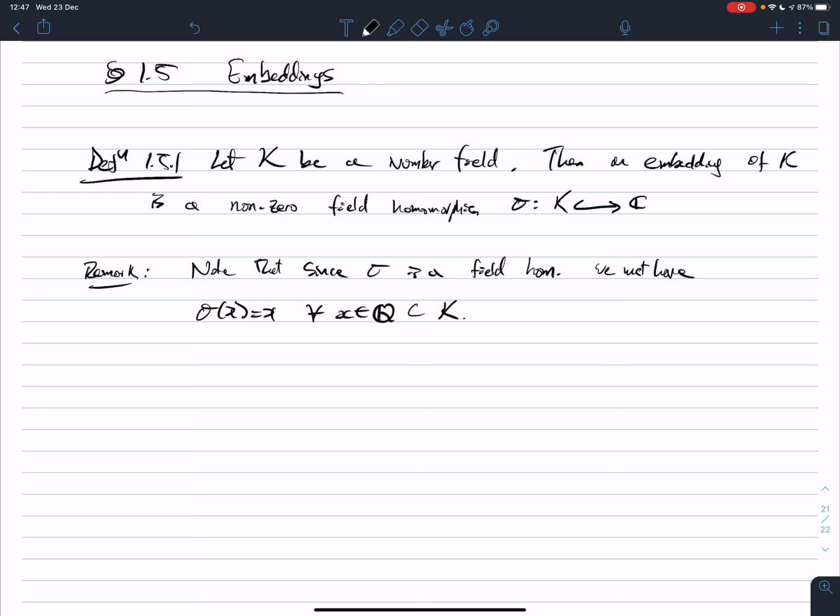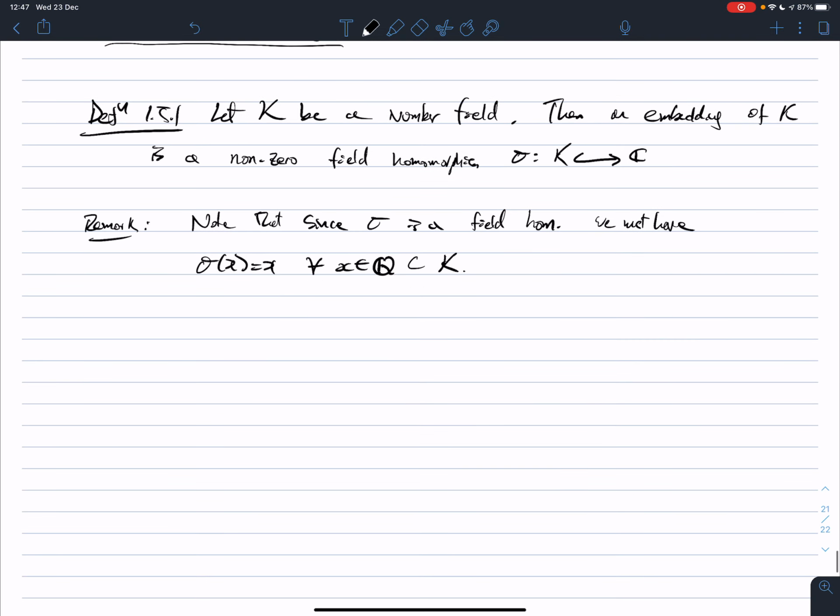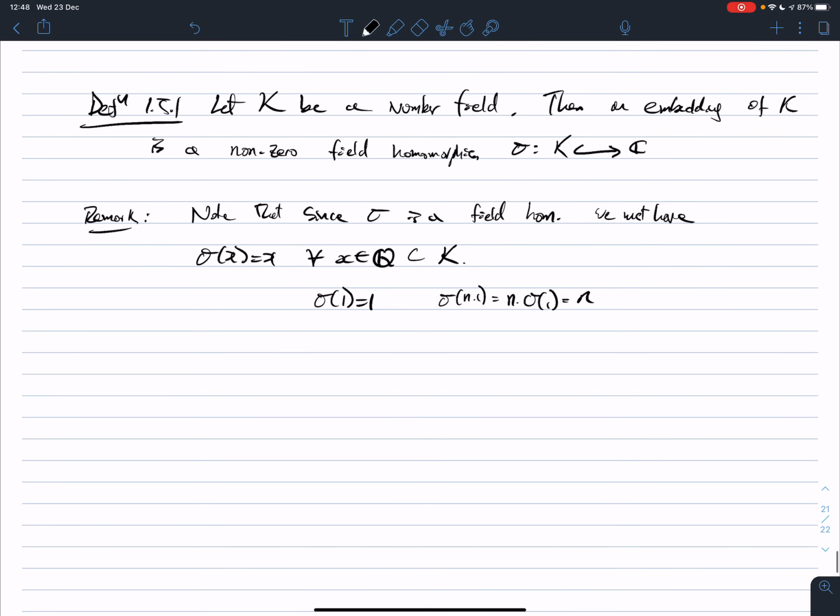It has to act like the identity on the rational numbers. This is given to you by the fact that, for example, phi of 1 is predetermined to be 1, and then phi of n times 1 has to be n times phi of 1, which has to be n. And then phi of x times y is phi of x times phi of y.